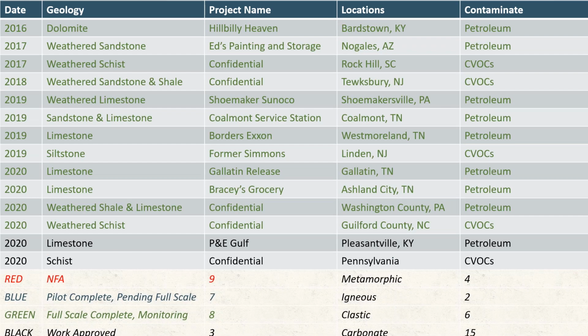Here's some full scale completions and some other work as example we have coming up. So a lot of these are varied locations, varied geologies. They're typically petroleum hydrocarbon or CVOC contamination. Again, if you didn't join us for the RDC last week, we talked a little bit more about how to characterize these sites and these geologies. And now we're moving into the injection side, but this is just a revisit to, yes, this works extremely well in fractured bedrock, and it's because of the process.